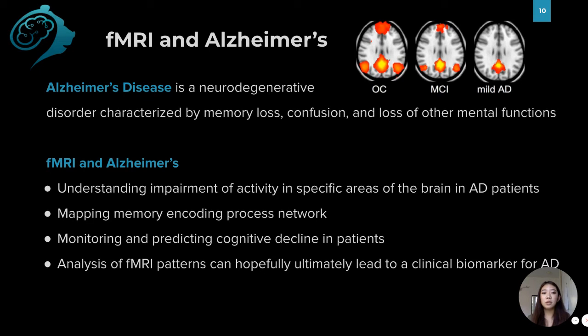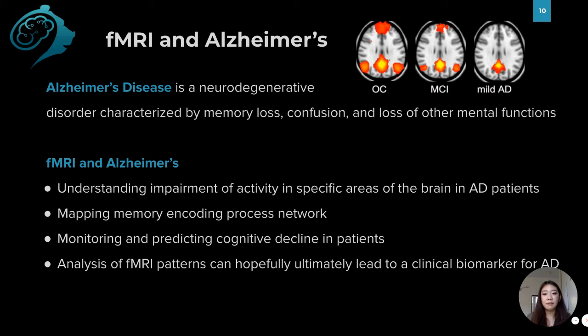It's also been used to attempt to map memory encoding process networks in the brain to better understand how memories are lost in Alzheimer's disease and other mental functions as well.